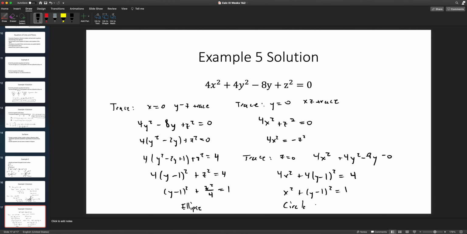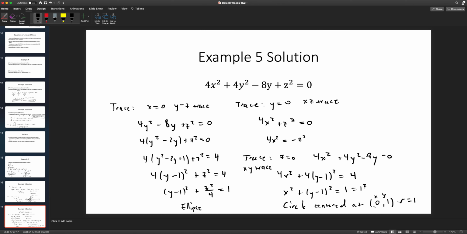And it's going to be centered in the xy plane, I didn't mention that this is the xy trace, at 0, 1. That's our x coordinate, that's our y coordinate, and the radius is 1, because this is 1 squared over here.